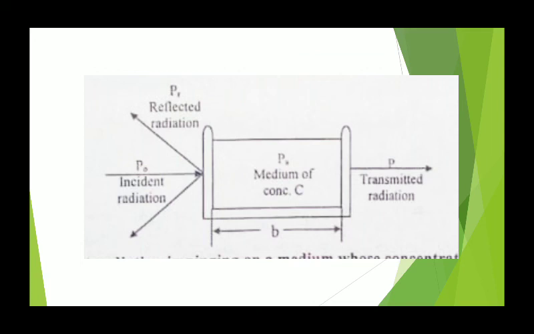See in this figure, what is absorbed is denoted by PA, what is reflected is denoted by PR, what is incident is denoted by P0, and what is transmitted is denoted by P.